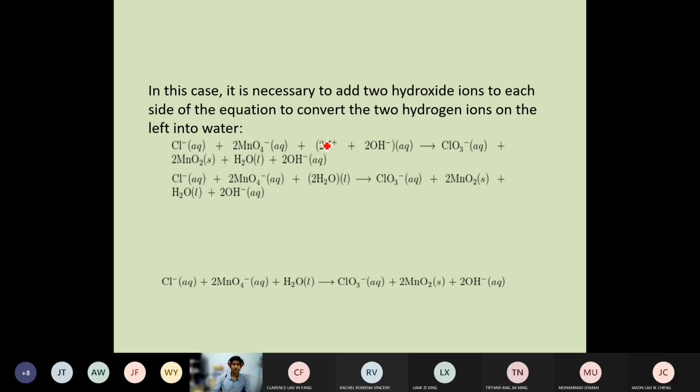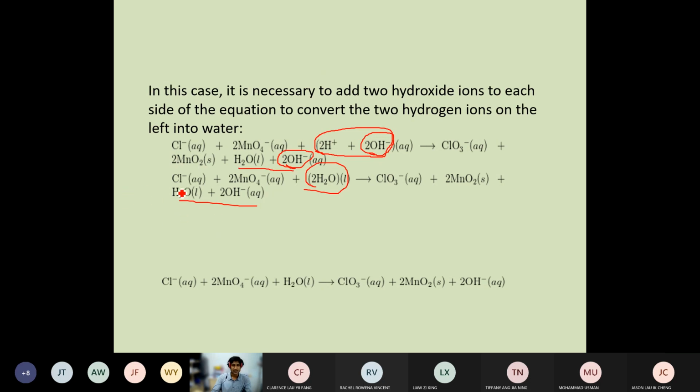In both cases, add hydrogen to make water, and then on both sides, add hydroxyl ion. It's so easy. Since we are adding hydroxyl ion, the hydrogen ion and hydroxyl ion will produce water. On the other side, we do not change the water and hydroxyl ion.